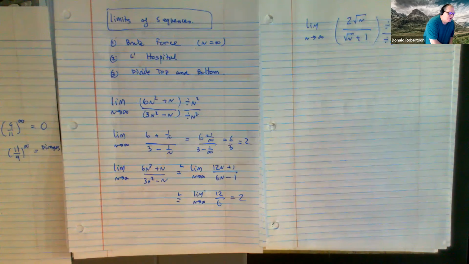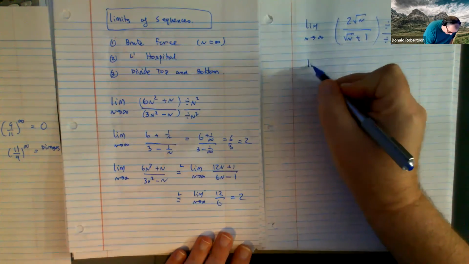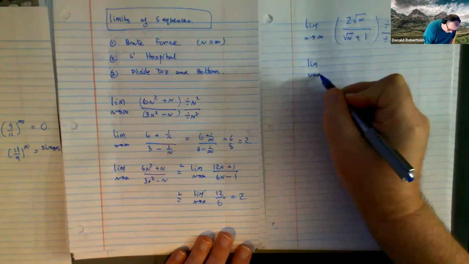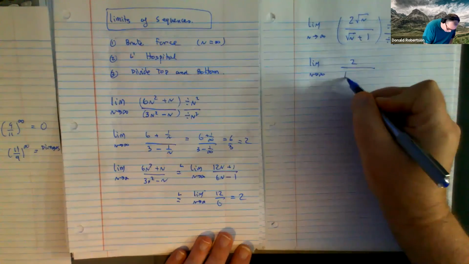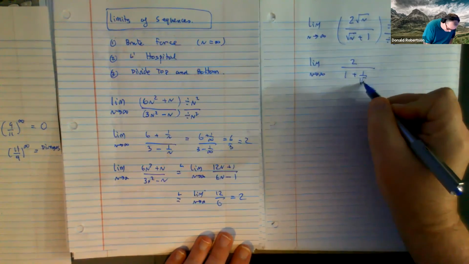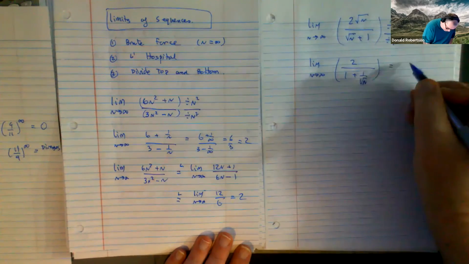The minute it's not an n squared or an n cubed, but something weird like a square root of n or a cube root of n, don't you kind of say, oh, that's not the same thing, I can't do that. But can you actually divide top and bottom by anything you like, as long as it works? Now, if you do that, you have 2 on the top, 1 plus 1 over the square root of n. And at that point, brute force takes over.